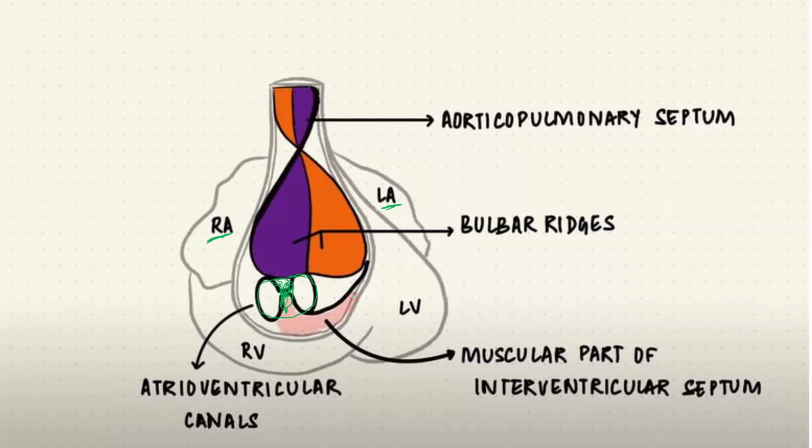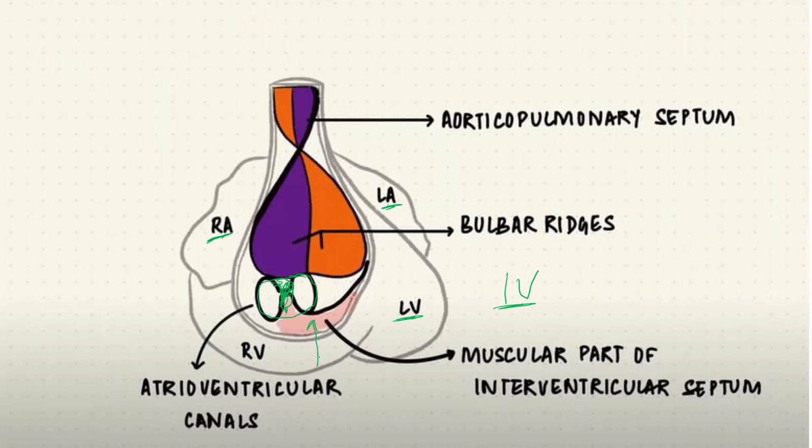So you need to partition the ventricles. You need to carry out what is known as interventricular septation. If you can remember, the interventricular septum has two parts: a muscular part in the lower part and a membranous part in the upper part.